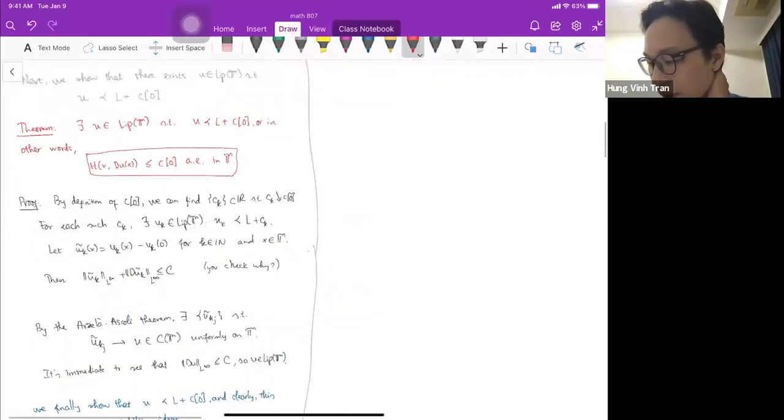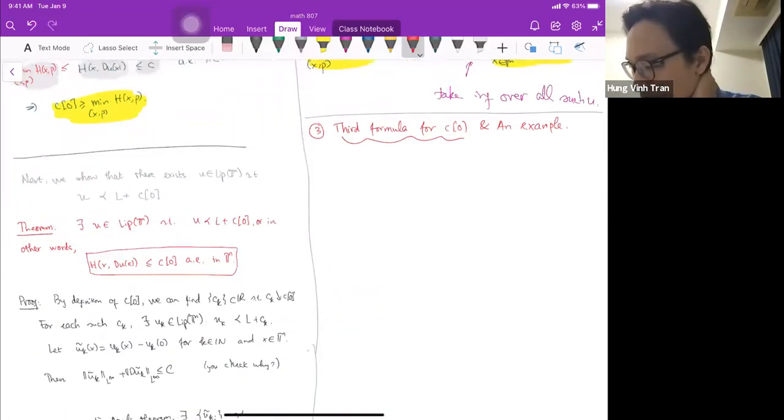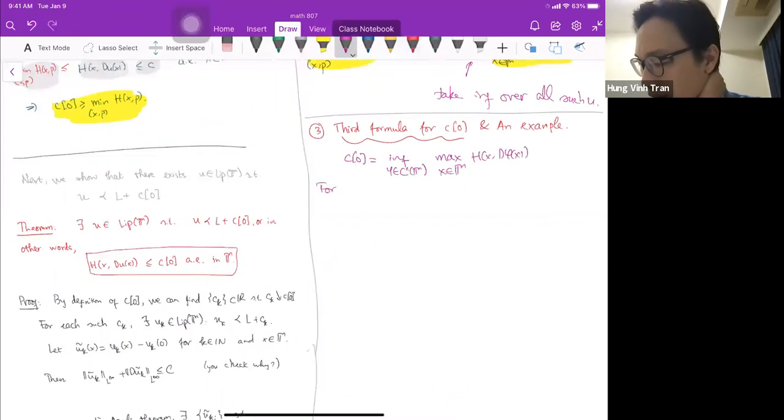Now let's get back here. I'm going to write out the third formula. C naught equals the infimum over phi in C1 of the torus of the max over x in the torus of H of x, d phi of x. And for H bar, we do have the formula that H bar of P equals the infimum over C of the max over x in the torus of H of x, P plus dC of x.